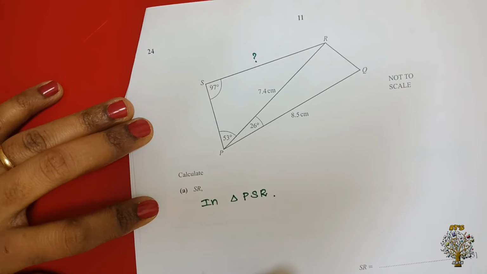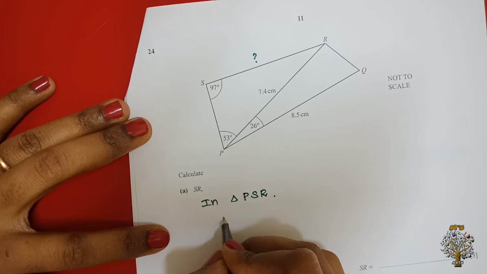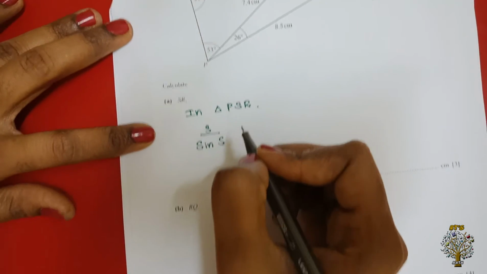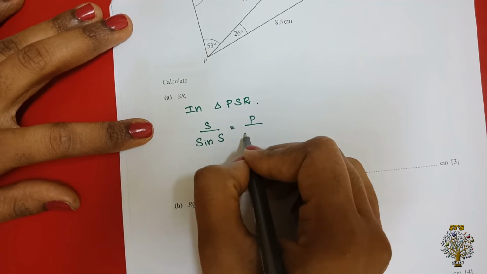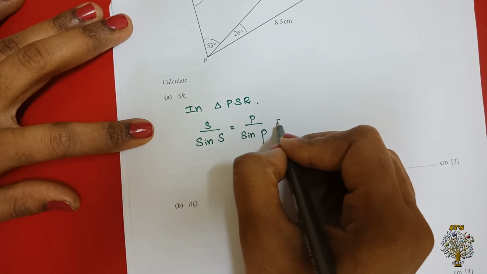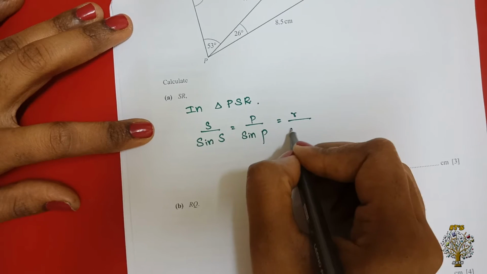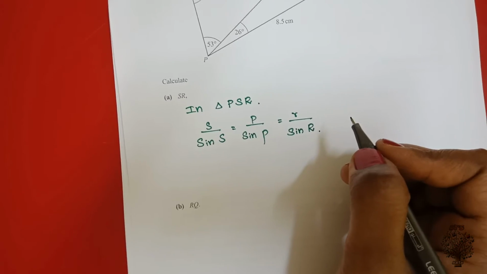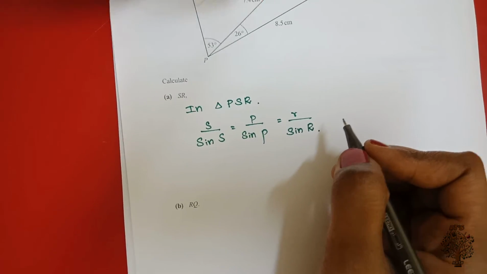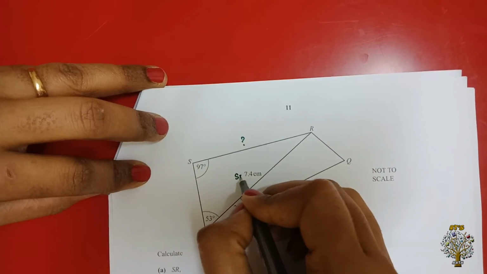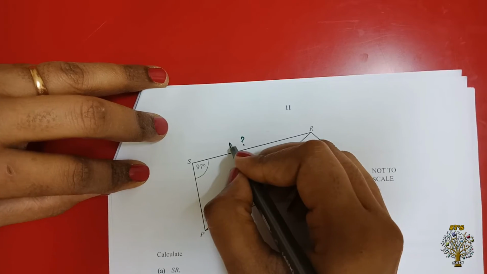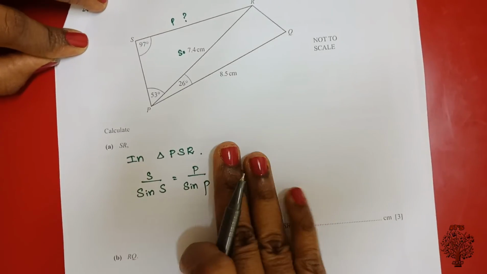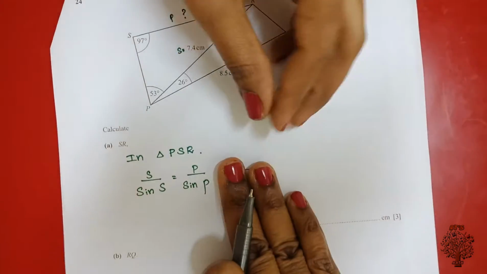I'll be using the sine formula: s divided by sine S is equal to p divided by sine P is equal to r divided by sine R. Now check what you want and what is given. The opposite side to S is lowercase s. The opposite side to P is lowercase p. We need s and p. I don't want the r representation. You can skip this and just substitute in this.